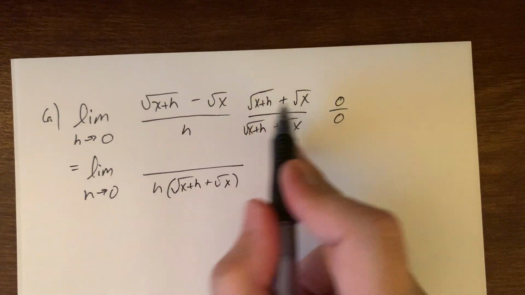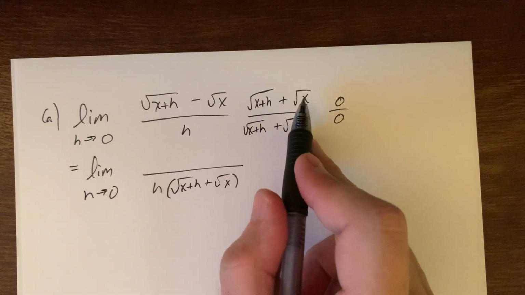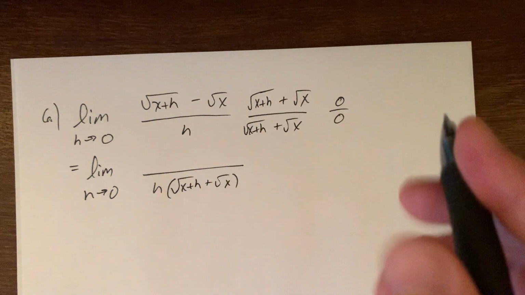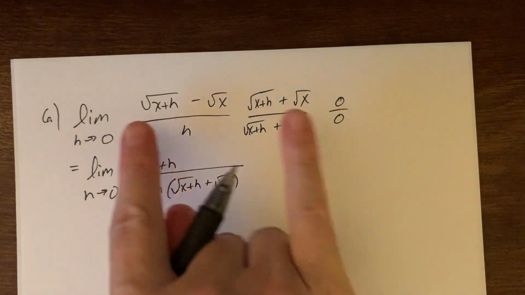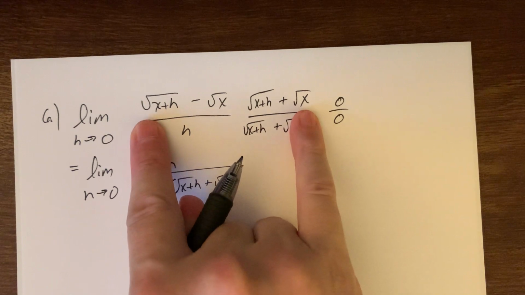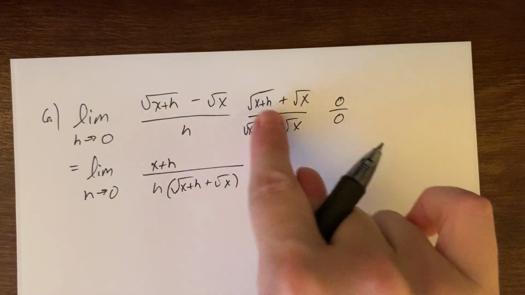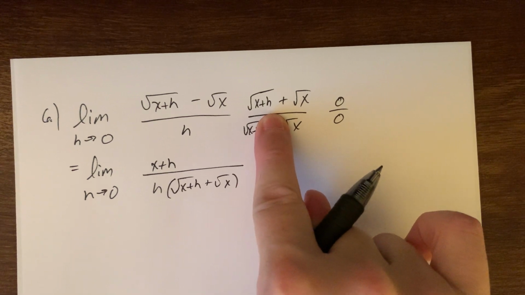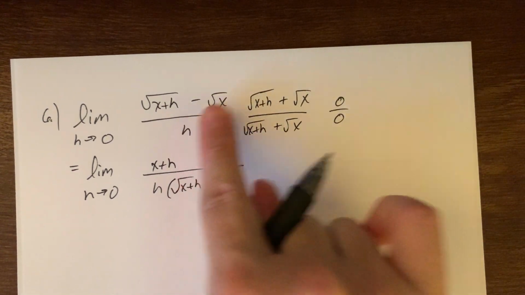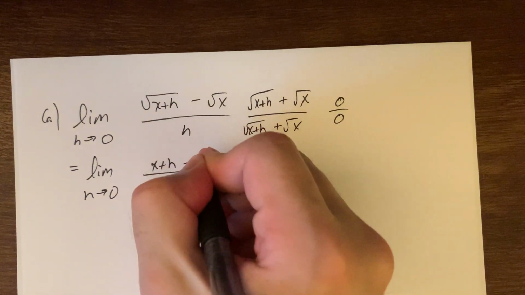I'm only going to actually multiply out the conjugate pair. Rad x plus h times rad x plus h is x plus h. Middle terms cancel. Plus rad x plus h minus rad x plus h. Like terms with opposite signs that cancel. And then at the end, minus rad x times positive rad x is minus x.